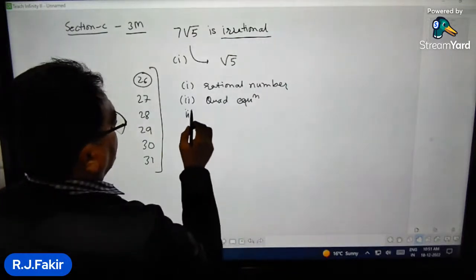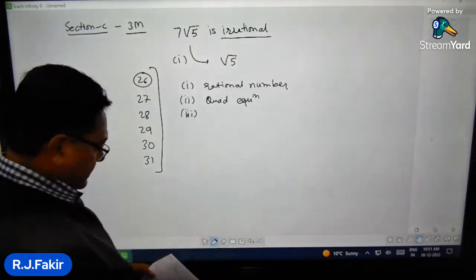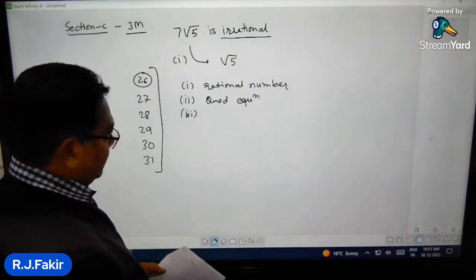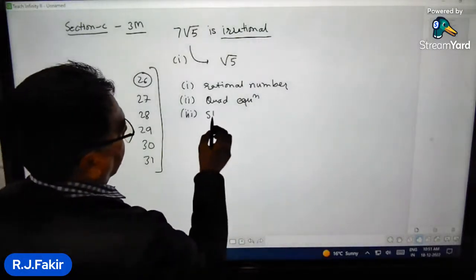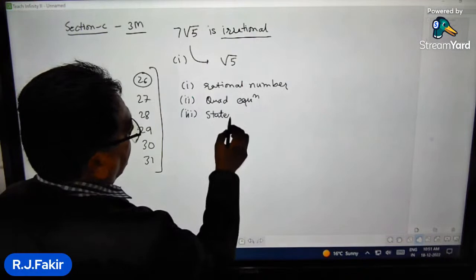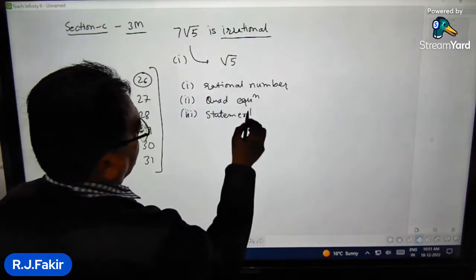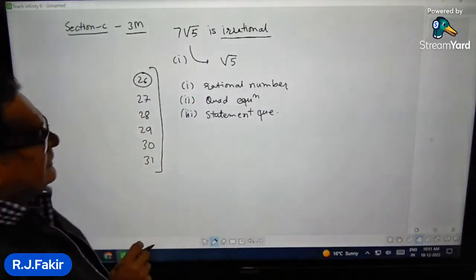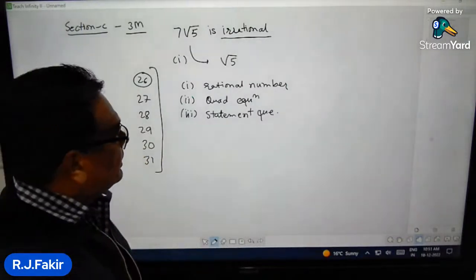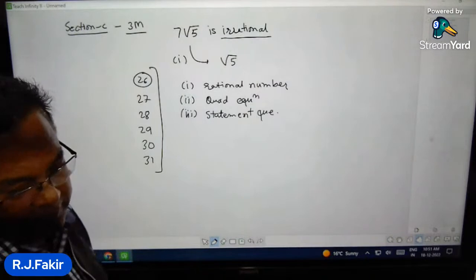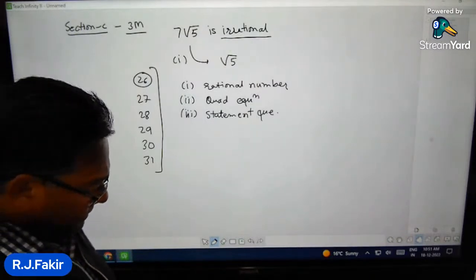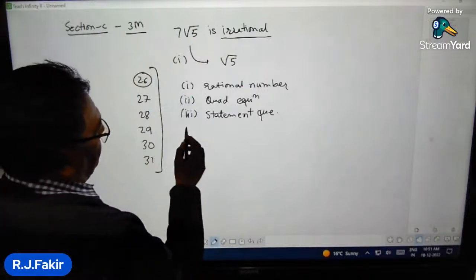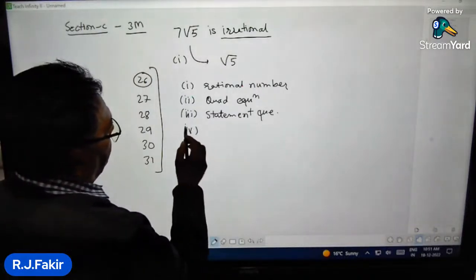Then you will have one statement question, and this statement question can be from topics like quadratic equations, linear equations, and so on. One question will be from geometry, which will be of the prove-that type.